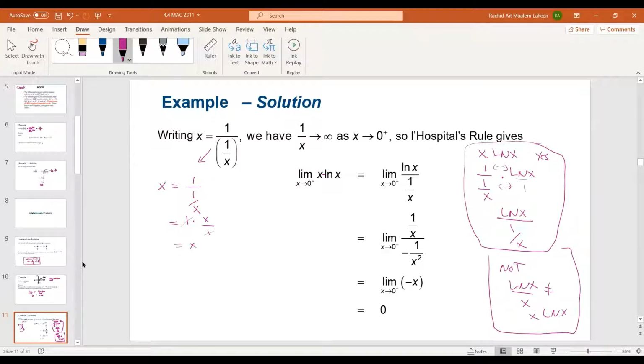When you do that, now you have 1 over x, and the limit as x approaches 0 is going to be infinity. That's why it's good to know these basic functions and how they graph.